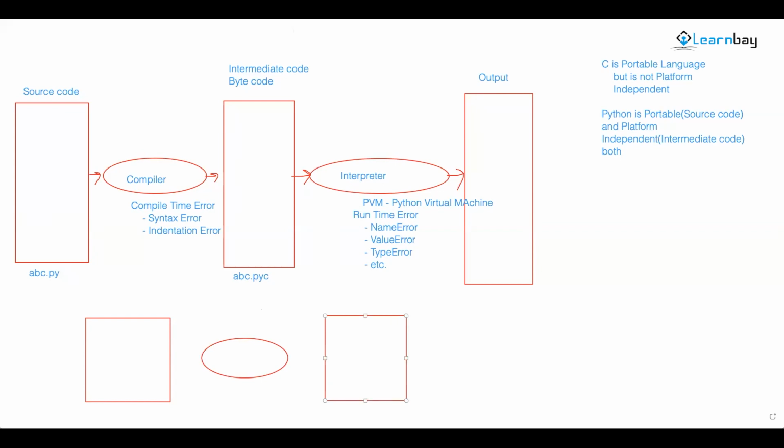This executable code is equivalent to the machine code. Why do we say machine code? Because this executable code can directly interact with the hardware.